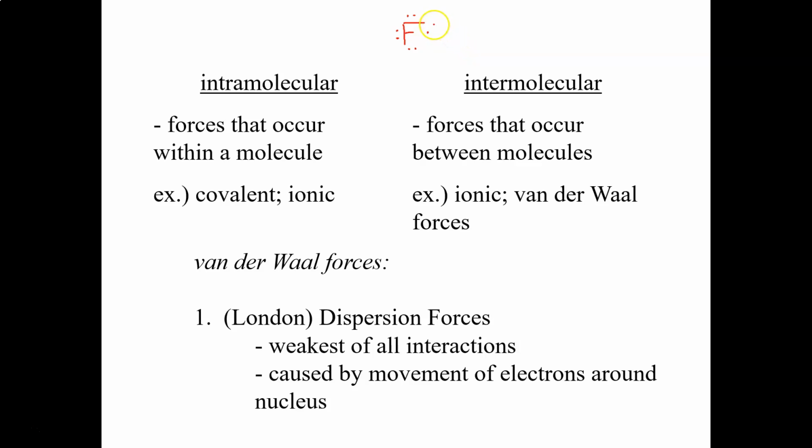And then, of course, if there were another fluorine atom nearby, it also has 7. So they both want 8, right? So what would they do? They would share these two right here. So this one could claim, hey, I have 8 valence electrons around me.